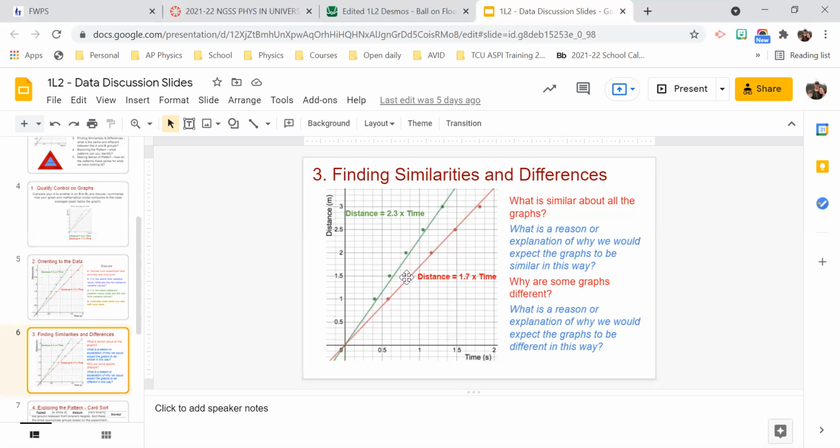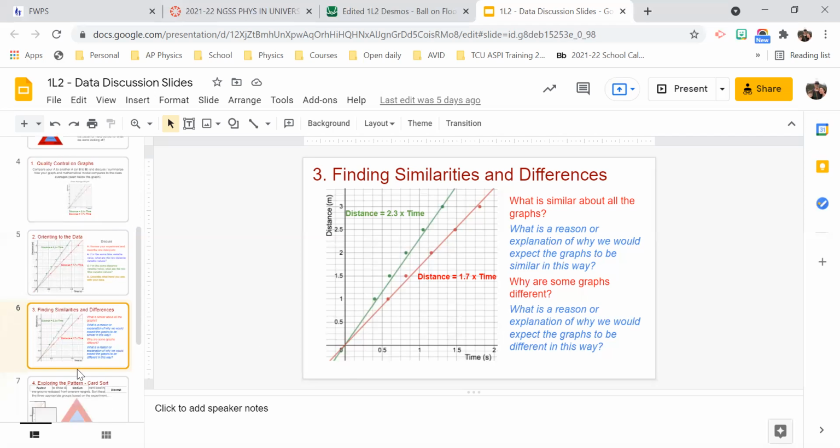And the red line only goes a distance of 1.5 meters in 0.7 or 0.8 seconds, while the green line goes a distance of 2 meters in that same time. So we could say that the ball that represents the green line is covering a greater distance in the same amount of time, right? If they both occur at 0.8 seconds, but the red line goes 1.5, where the green line goes 2, then the green is covering a greater distance in that same amount of time.